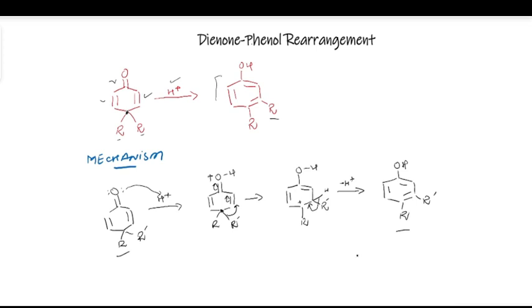Dienone-phenol rearrangement can also be observed in bicyclic systems. For example, if you have a system like this, in which we have this dienone moiety which is fused with this ring, and we have a CH3 group here.